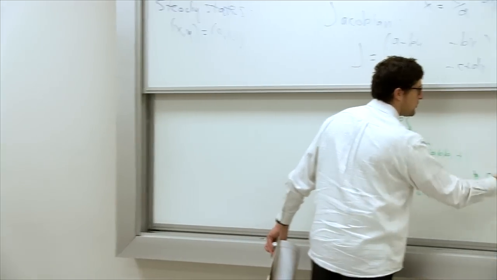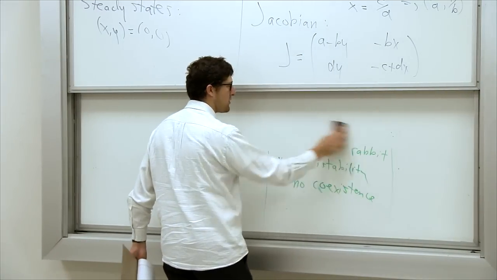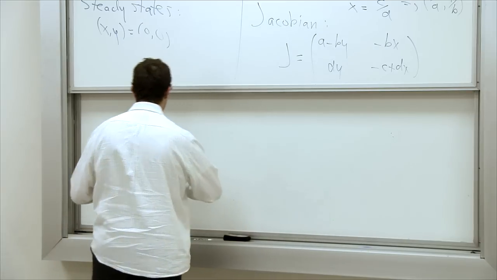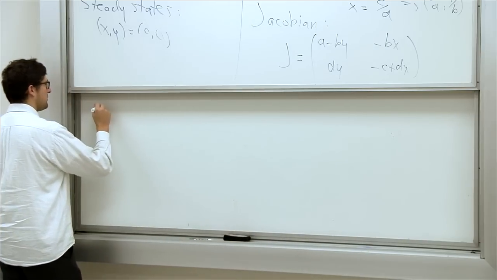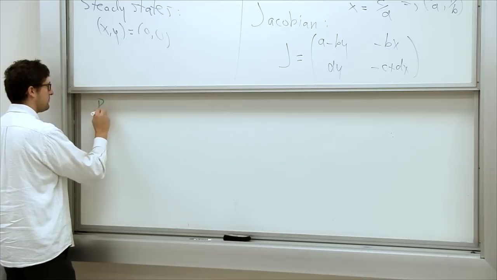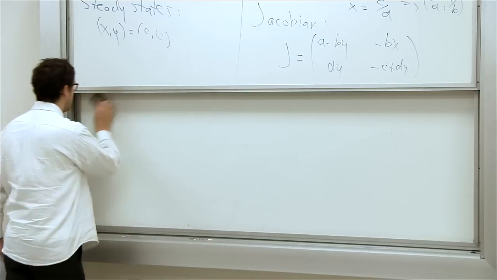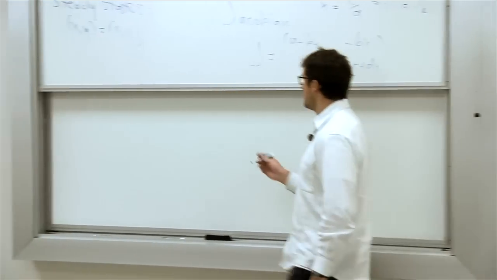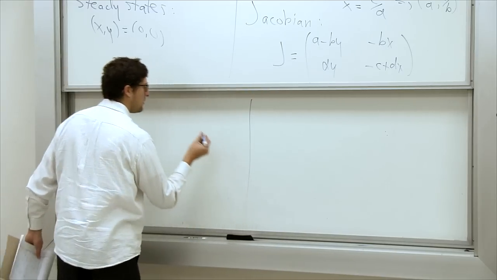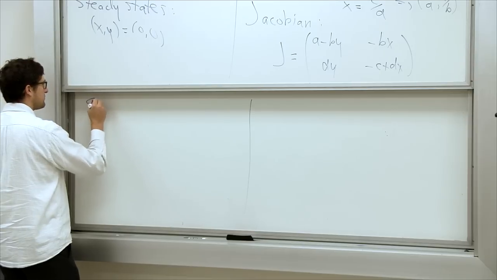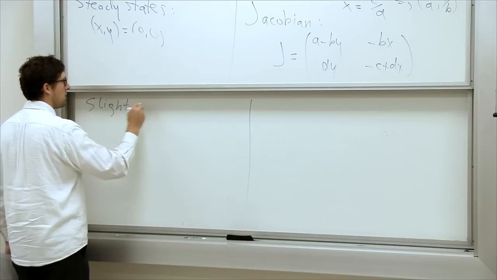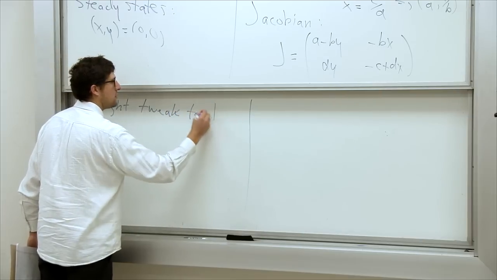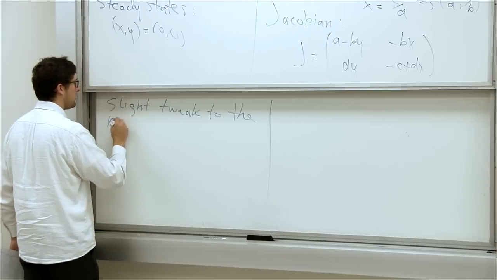So let's see, can we just change those terms and make it into a logistic model? As a matter of fact, we can. Now, a slight tweak to the model.